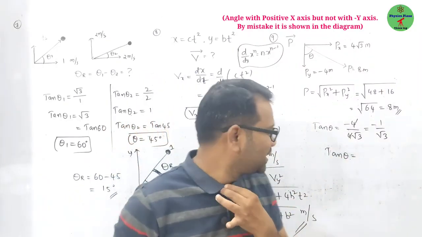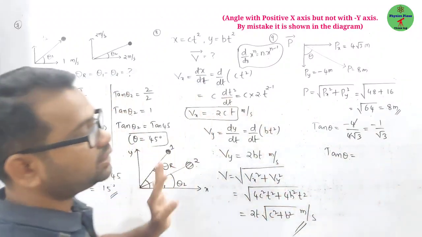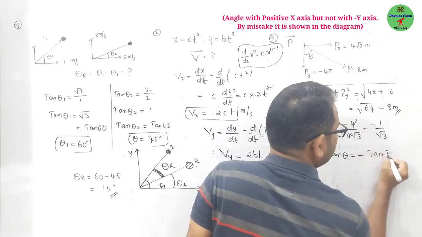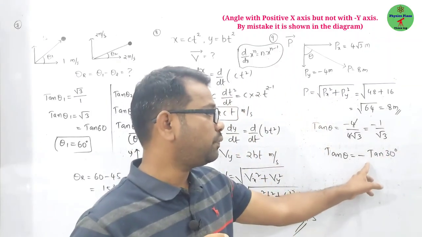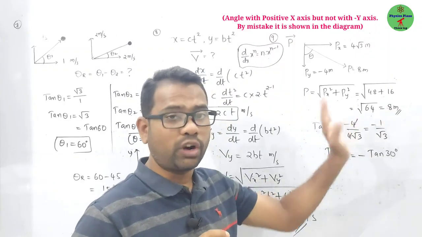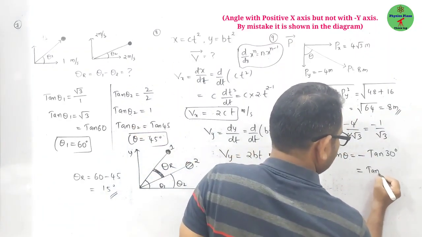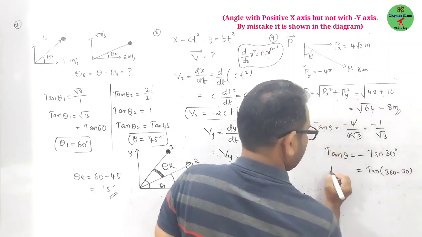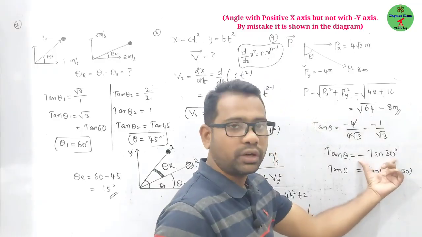Angle is how much, children? We know that 1 by root 3 is tan 30. So it is minus tan 30, right? Minus tan means it will be in the fourth quadrant. So this can be written as tan of 360 minus 30, which is nothing but minus tan 30 only.